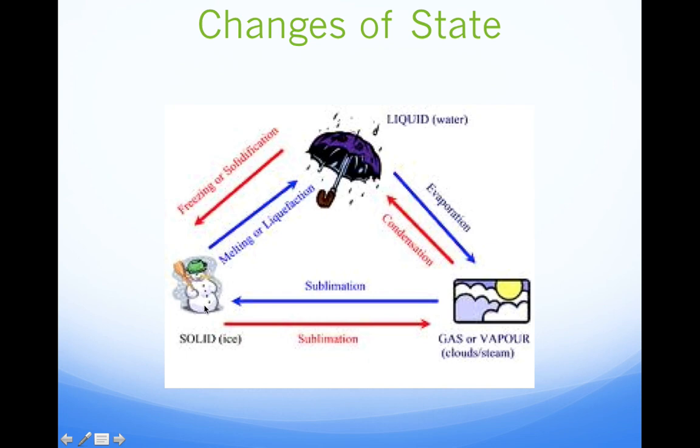Now if I was to take this solid, there's a process we call sublimation, and it goes both ways: from a solid it turns into a gas or water vapor right from a solid, or from a water vapor directly into a solid. We call that sublimation.